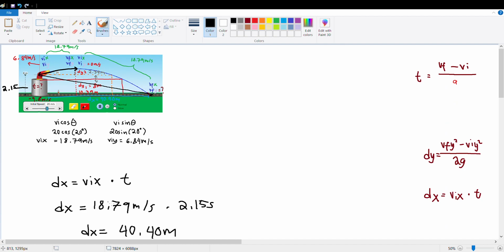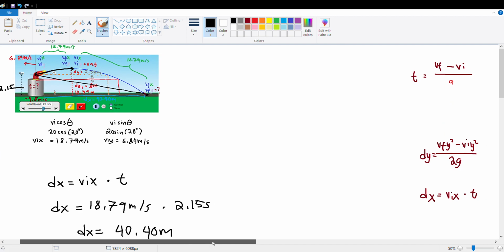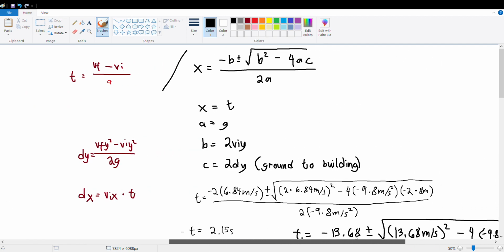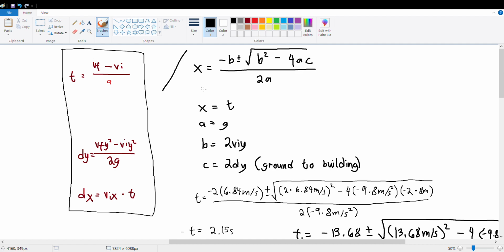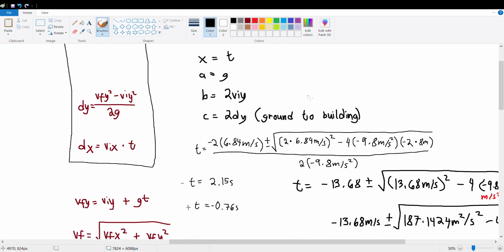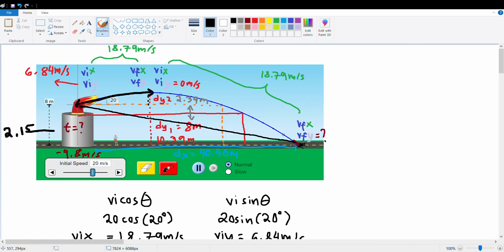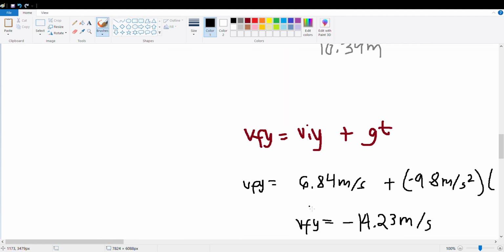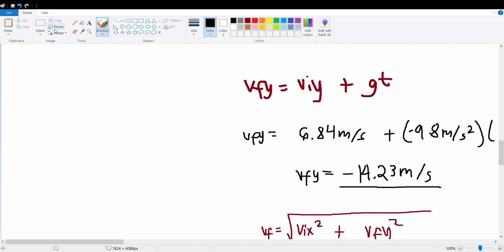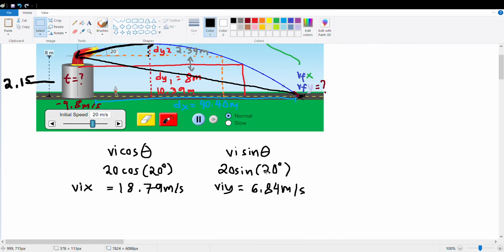So basically what we just used are these formulas, which is just this and this. Alright, so we solved for everything. VFY here, we solved it, which is this. I'll put that there.